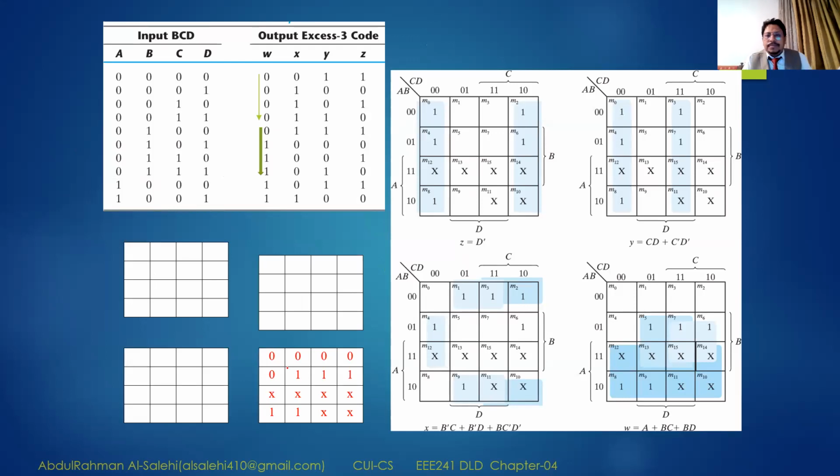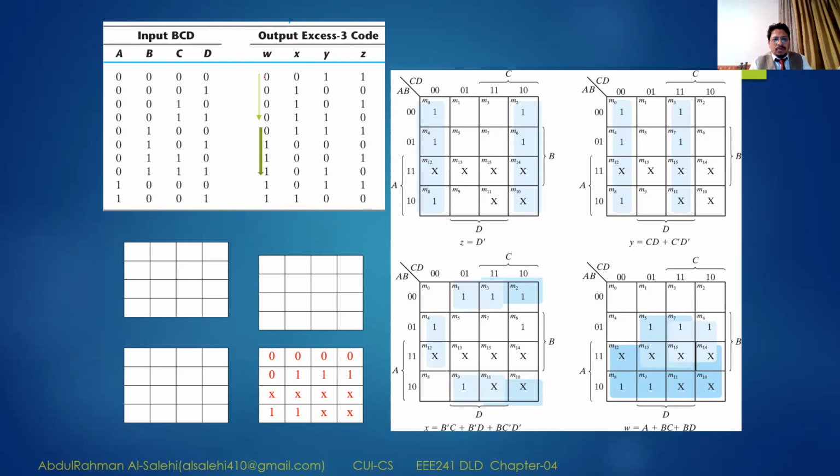Let's talk about the conversion here. What we can see is that I have the input BCD with 4 inputs, and I also have the other one here, the output XS3 code. So what I can see from this table is 0, 1, 2, 3, 4, 5, 6, 7, 8, 9, right? So these are the 9.